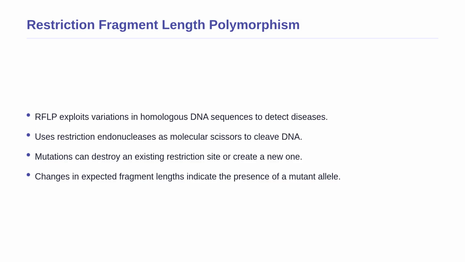RFLP works exactly like this. Our DNA has specific sequences where molecular scissors, called restriction enzymes, make cuts. If a genetic mutation changes the sequence at a cut site, the scissors will not cut there, leaving us with a longer piece of DNA.